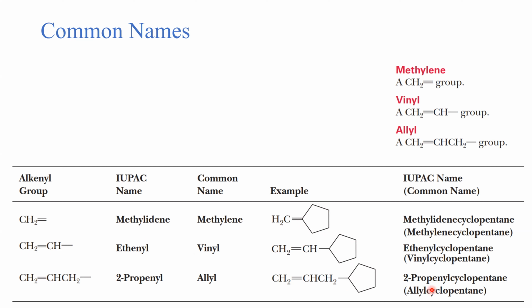Here this is 2-propenyl cyclopentane, and for this one, this is ethenyl cyclopentane, and vinyl is its common name. You may have heard of it, and you may see it on some chemical bottles, they usually write this name because it is quite familiar and very commonly used rather than the IUPAC name. So this is vinyl cyclopentane.